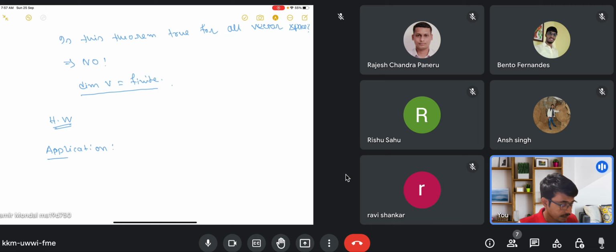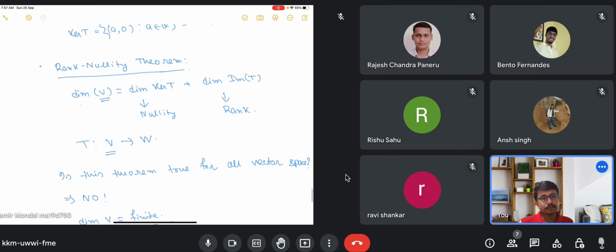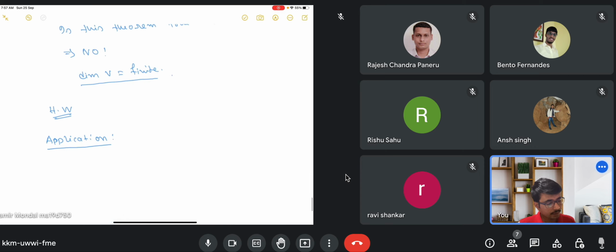What is the application of the rank-nullity theorem? I am giving one condition: the kernel of T is 0, and both V and W are finite dimensional.